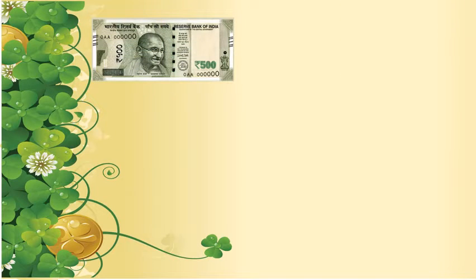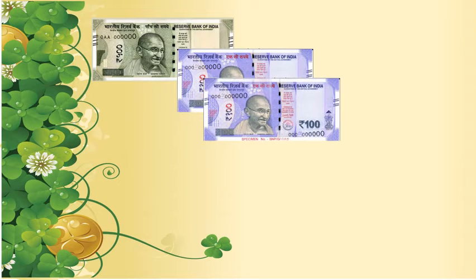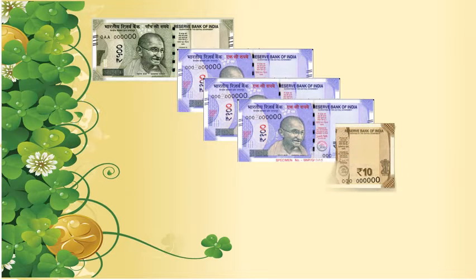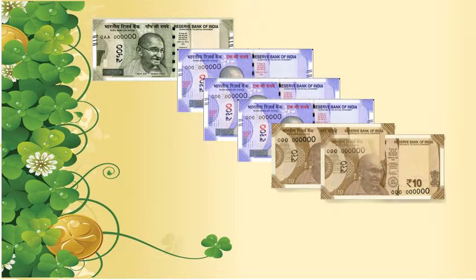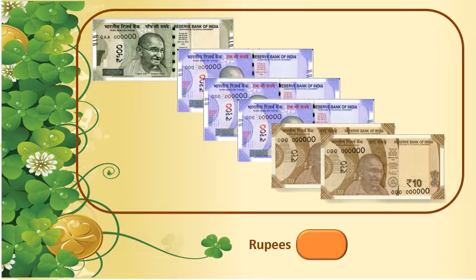Again, 500 rupees note, 100 rupee note, one more 100 rupees note, one more 100 rupees note, 10 rupee note, one more. Yes, finish. Now come on students, tell me what is the total amount? Got the answer?